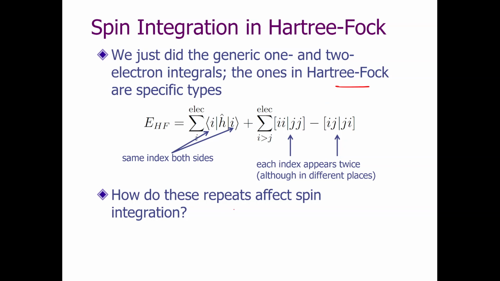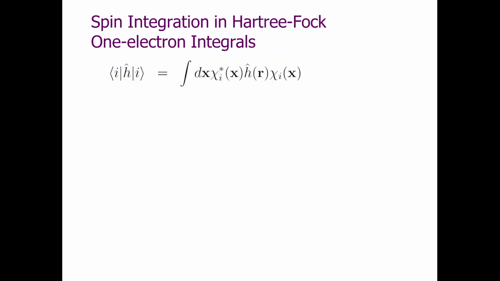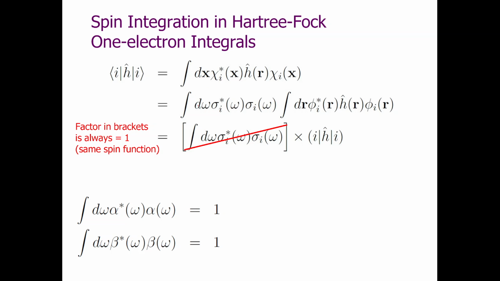How do these affect spin integration? This is very simple, and it is done in the lectures also. Most of the things in these slides, I'll say 98%, 99%, have been covered. But again, I'm just showing you these slides.